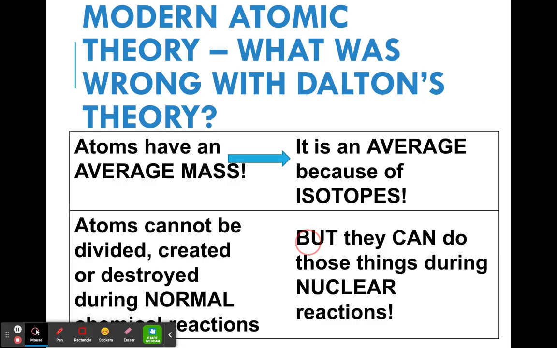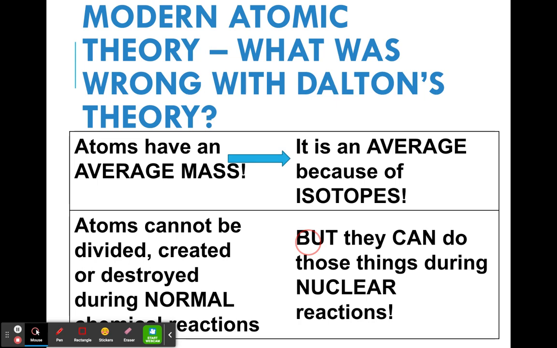So different atoms of the same element can have different masses, and that's because of the neutrons, the particle in the nucleus. You can have more or less neutrons for that element. You can't change the number of protons. So Dalton was mistaken on that point.